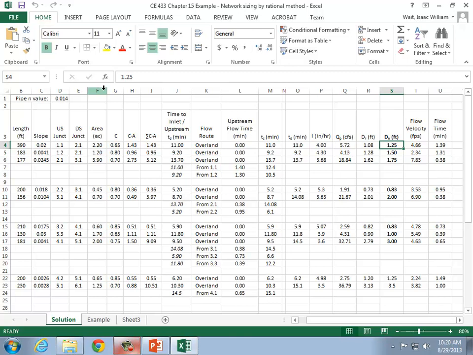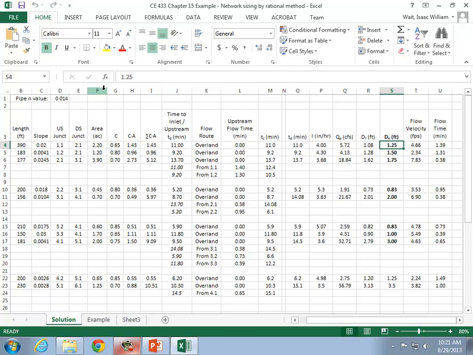If you look over here, the 11 minutes is how long it takes to get there from 1.1, and then we have to put in the 9.2 because that's how long it took to get into the system through junction 1.2. So we write that in there. So it is 13.7.